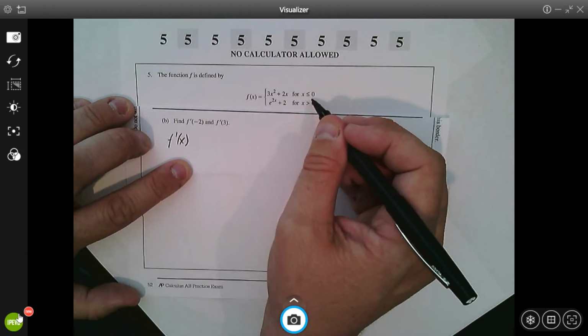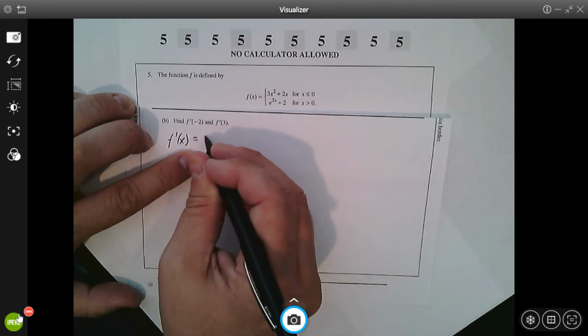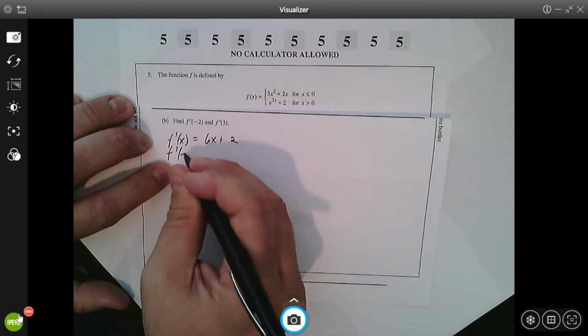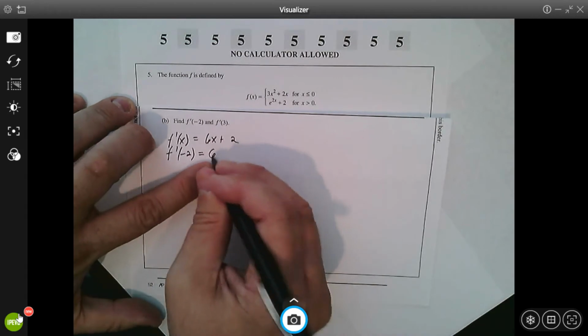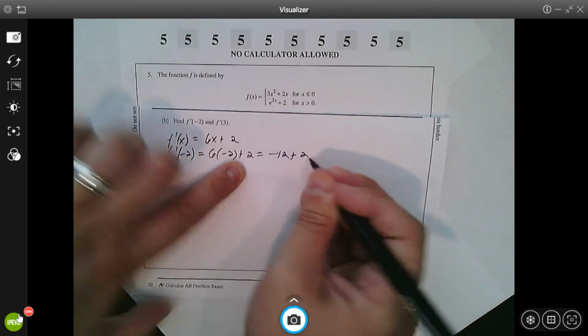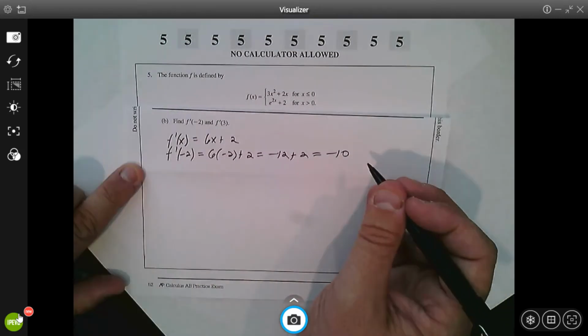Since -2 is less than 0, we're going to take the derivative of 3x squared plus 2x, and that derivative is going to be 6x plus 2. Now we plug in -2, and you get 6 times -2 plus 2. That's -12 plus 2, which is -10.